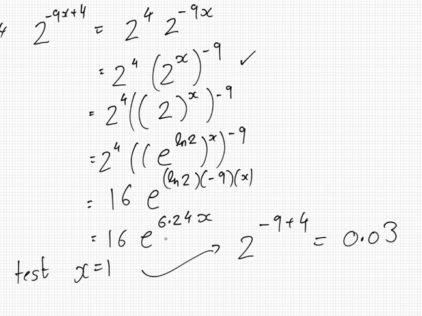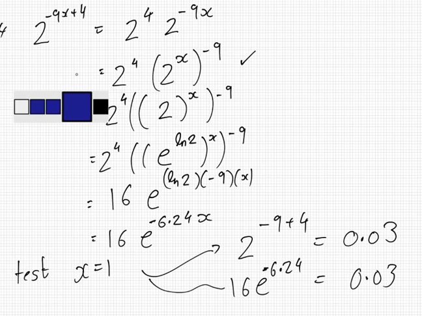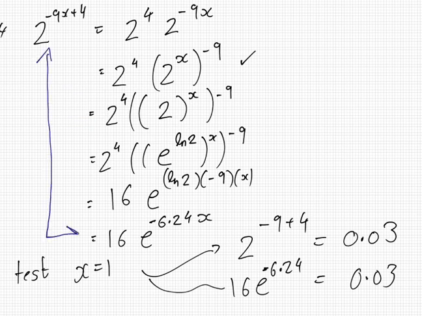And then if I put 1 into this, I get 16 e power minus 6.24. Oh, sorry, I lost my minus. And that equals 0.03. It's the same. So this is the same as that.